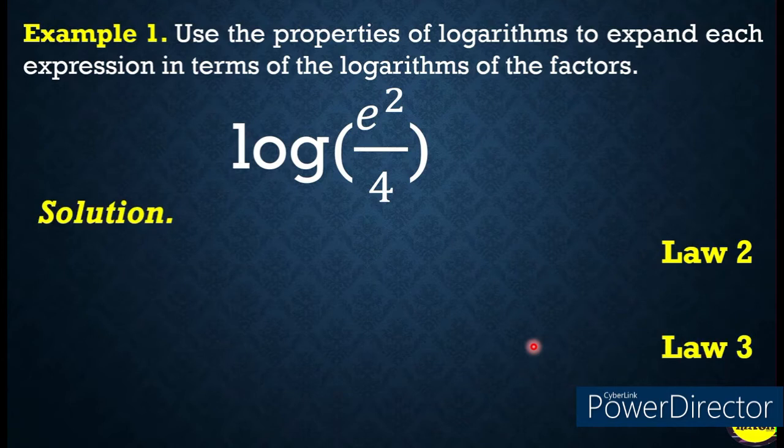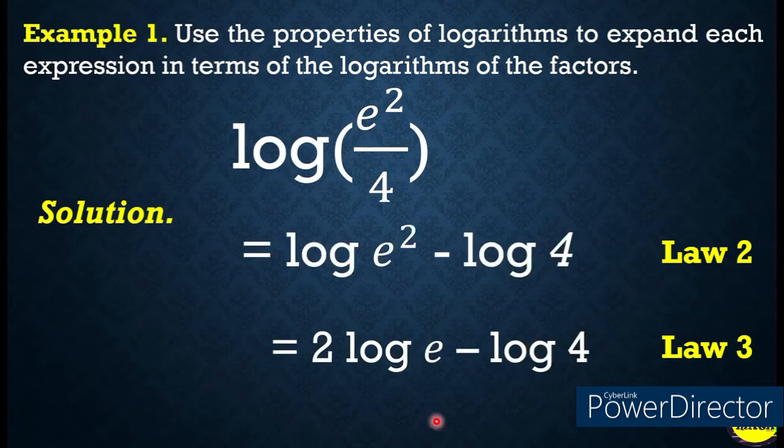So, first, that is log e squared minus log 4. And after that, since may exponent pa tayo dito in this term, we need to use law number 3. So, that is 2 log e minus log 4. So, this is now the final answer.